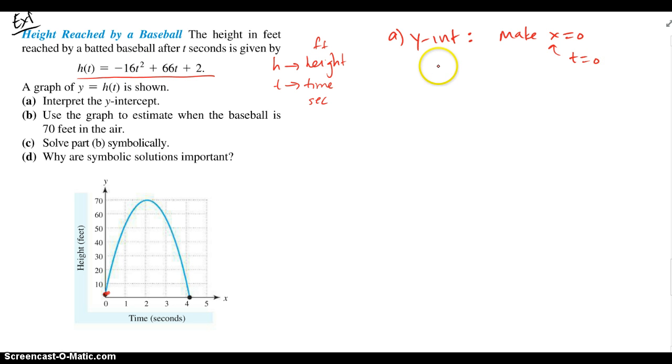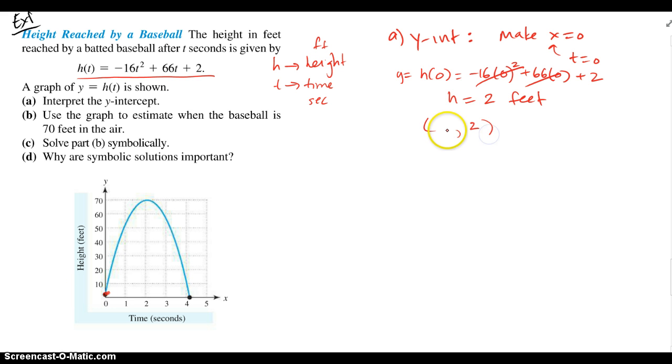I can get it from h of 0, which makes everything else drop, and the only thing I have left is the 2. So h at 0 is 2 feet, which is what my graph shows, but it's hard to tell. So h is 2 and t is 0.